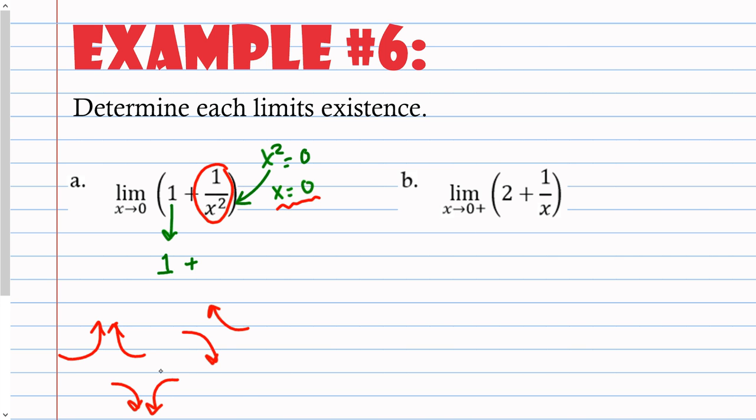Okay, so we got to figure out which one it could be, and it's simple to do by analyzing this function. It's 1 over x squared. Is there any way that I can make this 1 over x squared negative? Think about it. Is there any number I can plug in here that will make this number negative?